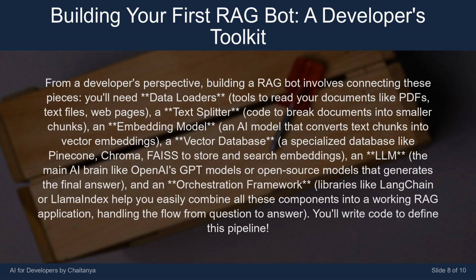Libraries like LangChain or LlamaIndex help you easily combine all these components into a working RAG application, handling the flow from question to answer. You'll write code to define this pipeline.